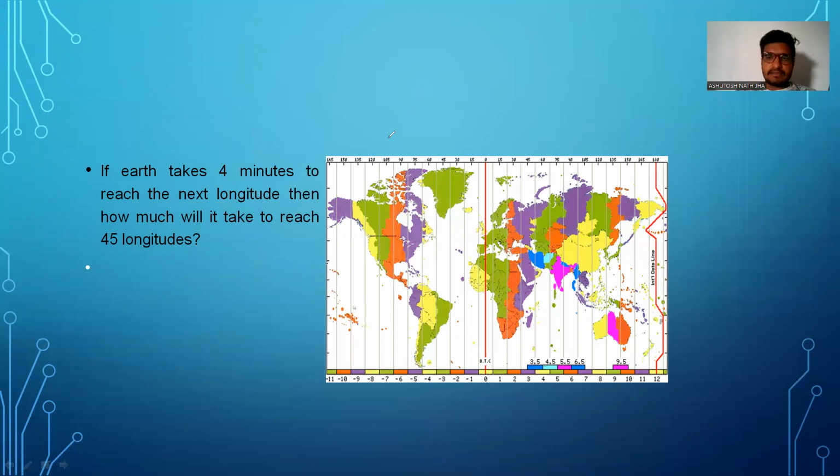We can say the earth takes 24 hours to complete one rotation, covering 360 degrees of longitude. This means the earth covers 15 degrees of longitude every hour.